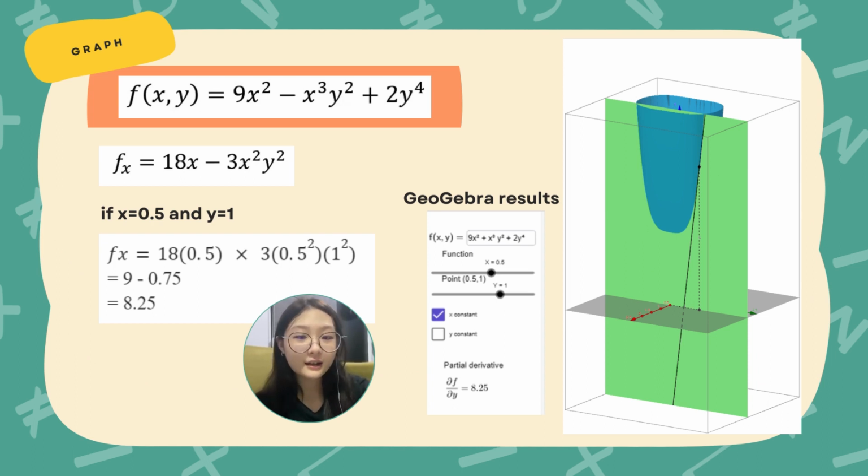The result I got while counting manually by myself is 8.25. I inputted the same formula as well as numbers in GeoGebra, and here we can see the graph plotted, and this one was with respect to x, and the result is the same as the manual calculation as well.